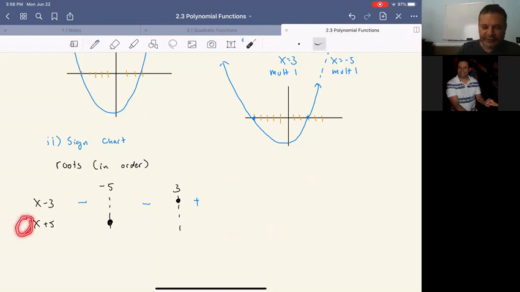The slope is the coefficient of the x, so it's 1 in both these cases. So it is also going to be negative to positive.